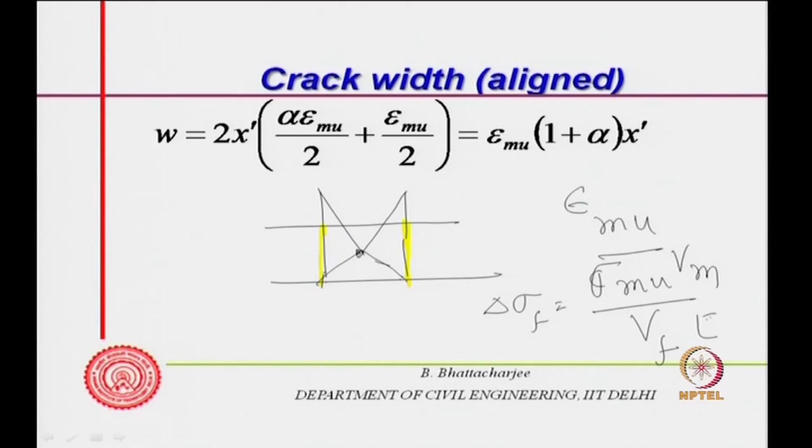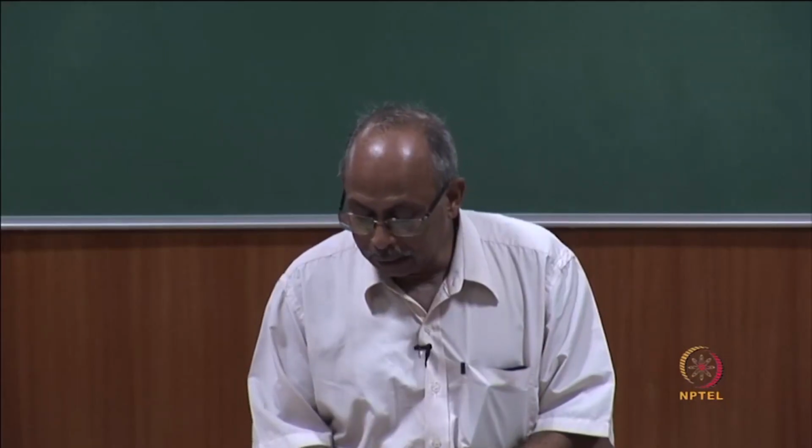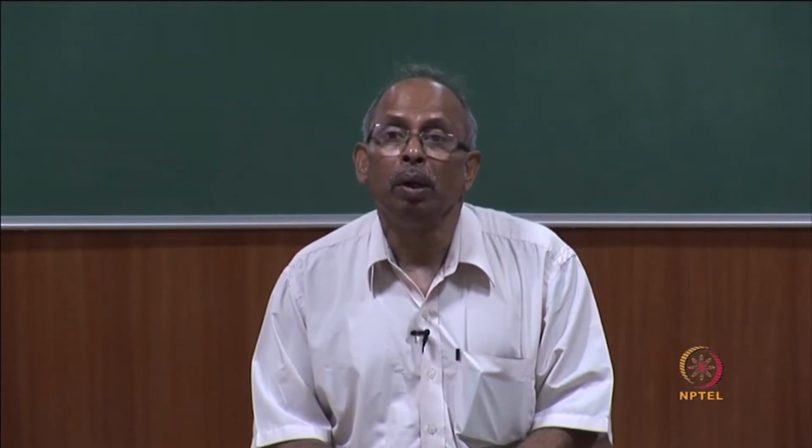If you divide this by Ef, we get the additional strain, and then we said that the additional strain will be alpha epsilon mu.